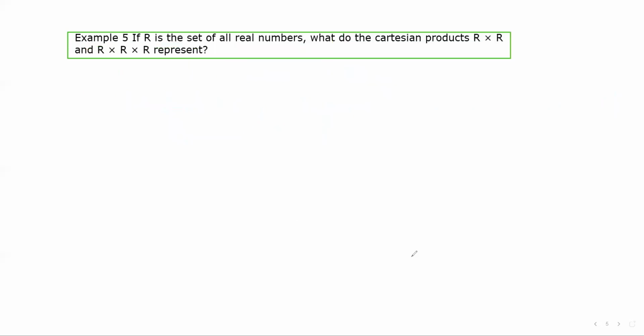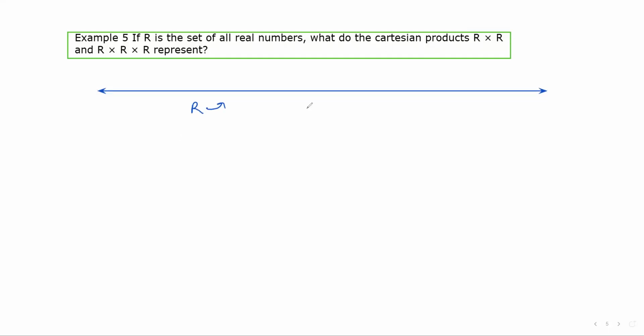Next, if R is the set of all real numbers, what do the Cartesian products R cross R and R cross R cross R represent? R is a set of real numbers, so all the real numbers can be represented on a number line. R represents a number line. This is one number line.